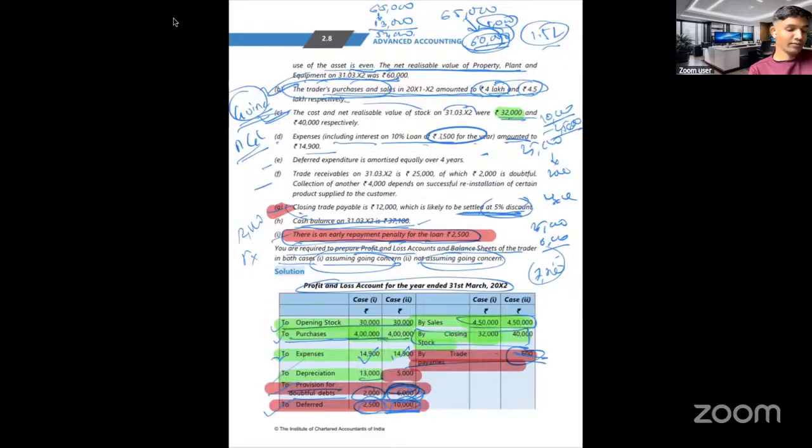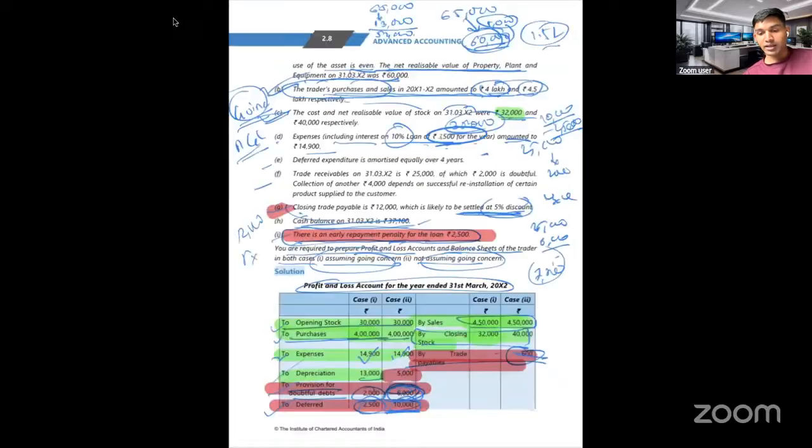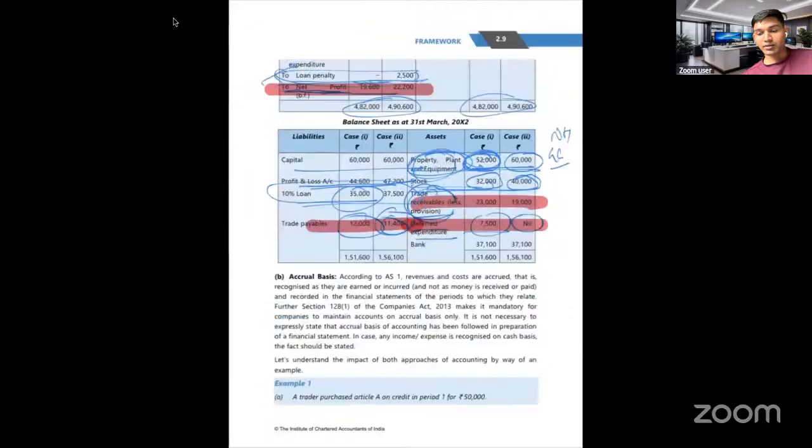And this 3,500 is per year, it is the 10% of the loan, then the total loan is equal to 35,000. And in case you have to close it early, we have to give 35,000 also, and there's a penalty of 2,500 also. So the loan we have to provide will be 37,500. Okay.